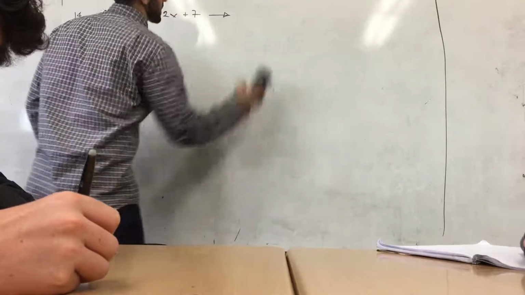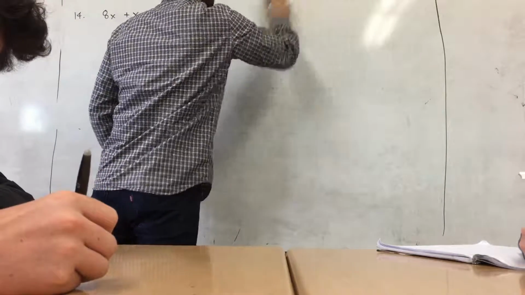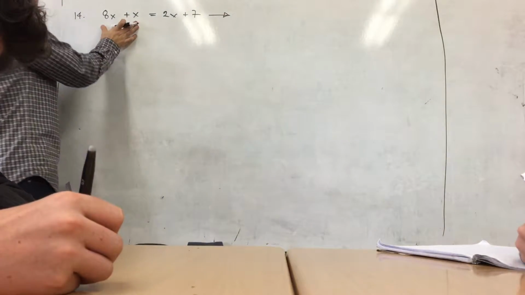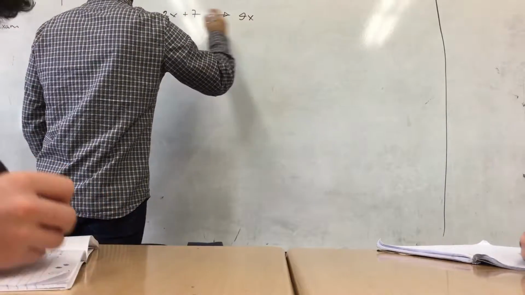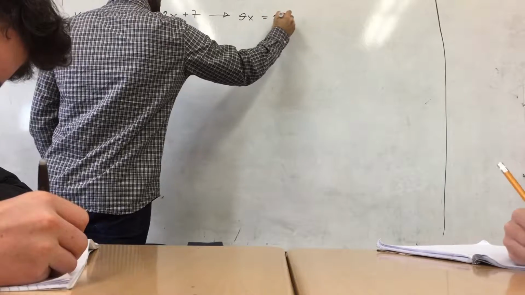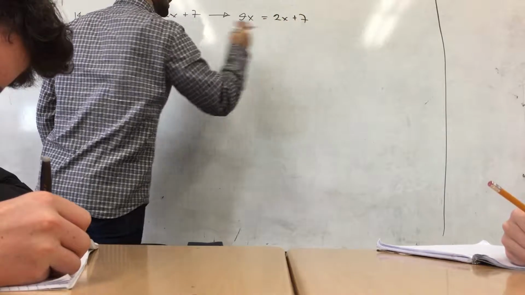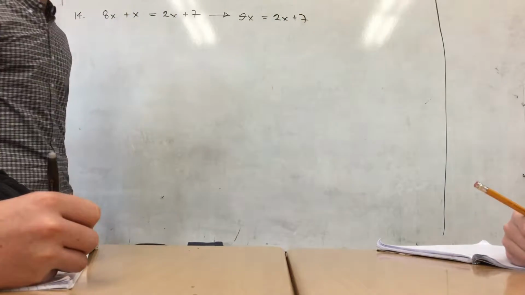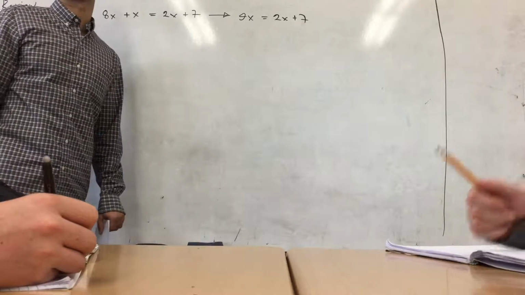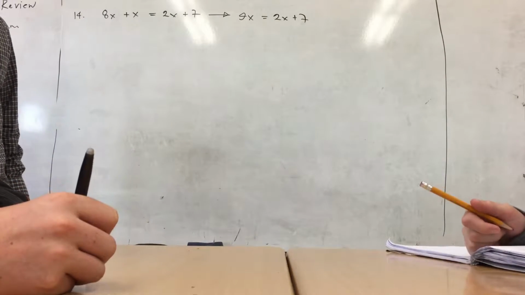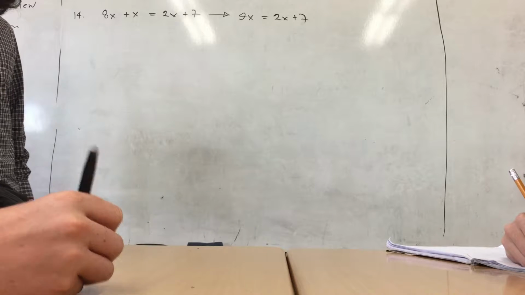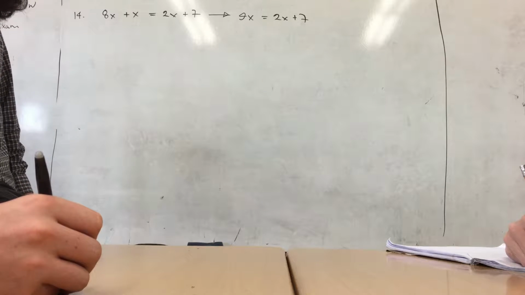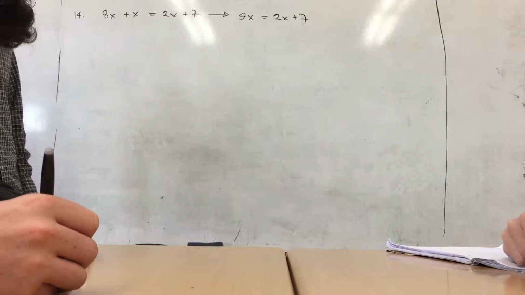Okay, same basic idea here. So what is this going to become? 9x. Alright. And then we have a 2x here plus 7. Now what, Jamara?